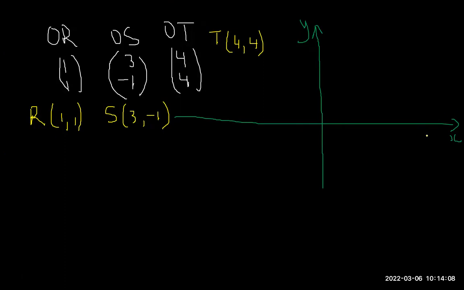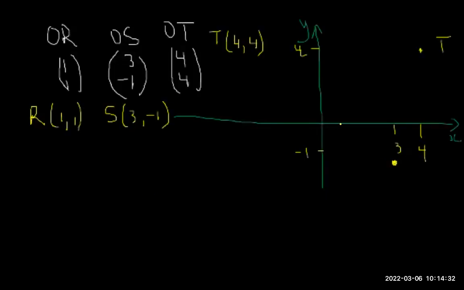So sketching this now, let me say this is 4 and up here is 4. So this point is T. Let me do S now. I'll say this is 3, this is minus 1. So then S is around here.